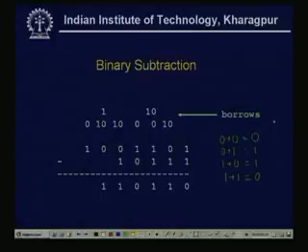So, here the carry, if you write, is 0 0 0 carry 1, and this is my sum, the same rule. Now, see here I am subtracting 1 0 1 1 1 from the value 1 0 0 1 1 0 1.